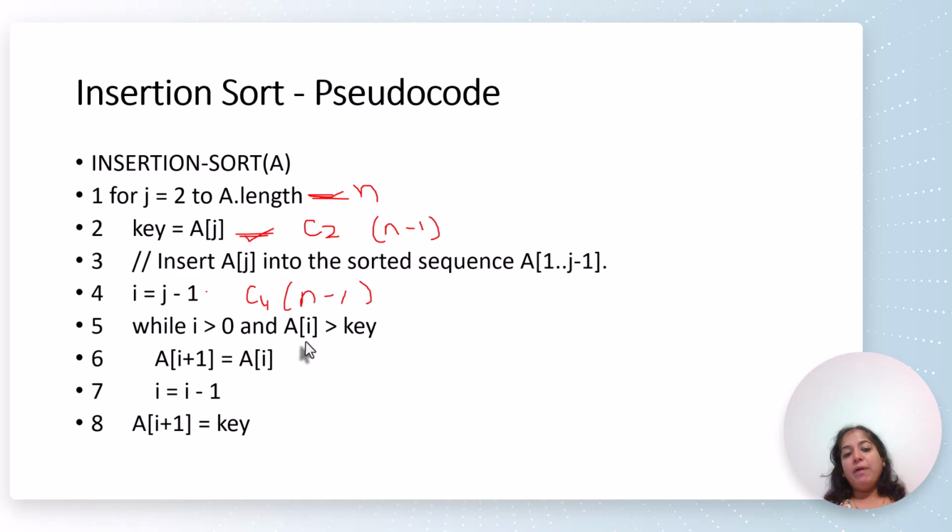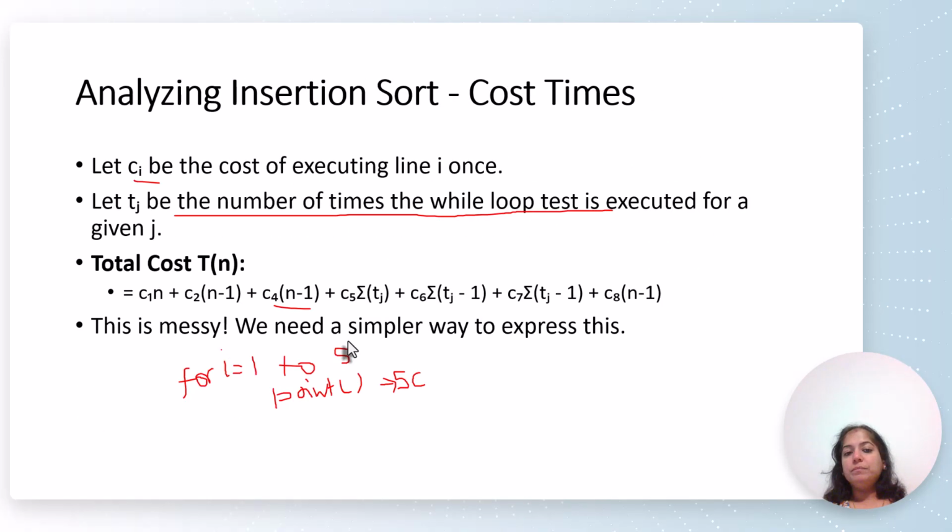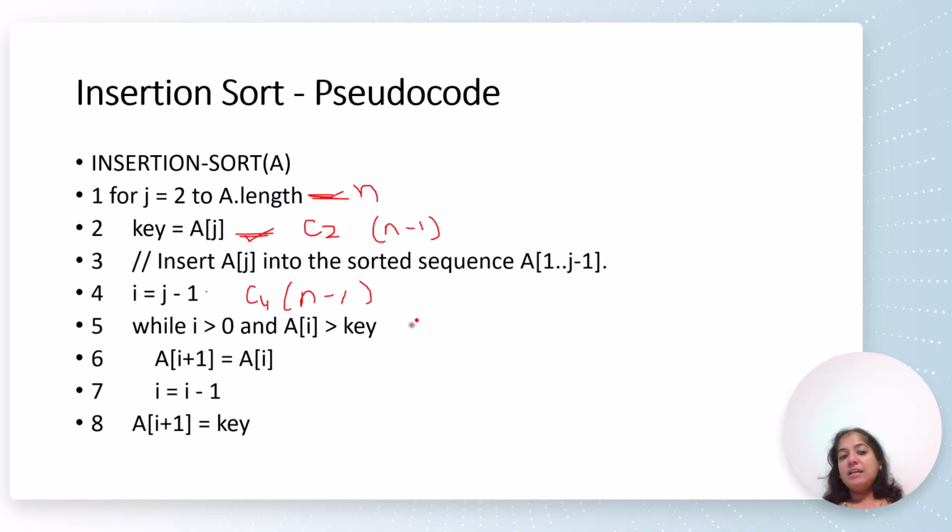Then we have the while loop. C5 summation of Tj. The symbol is for summation, C5 summation of Tj, because we are saying this statement will execute Tj times, and every time the cost is C5. Now this statement will execute Tj minus 1 times, and this statement will also execute Tj minus 1 times.